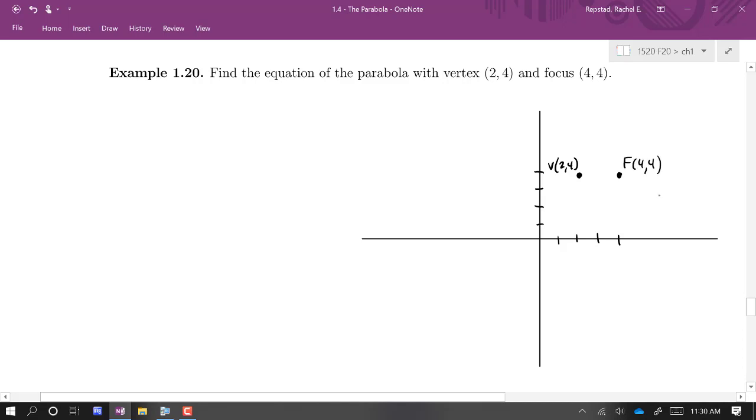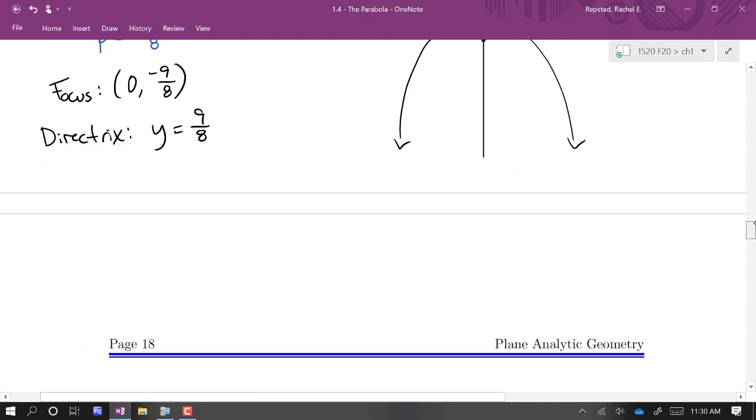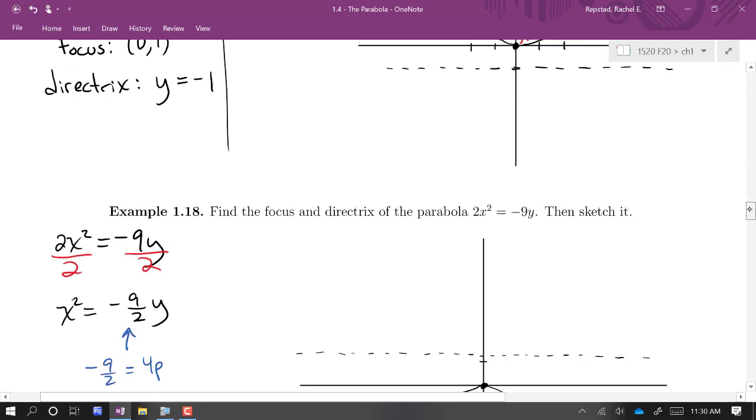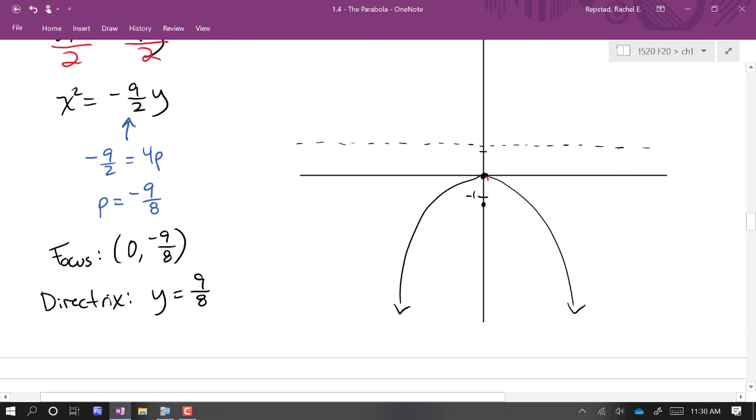Okay. Now, what we've known for a while now is that when we were working with parabolas that have their vertex at the origin, the value p gave us the actual coordinate of the focus. Now, if our vertex is not at the origin, that's no longer true, but p always gives you the directed distance from the vertex to the focus.